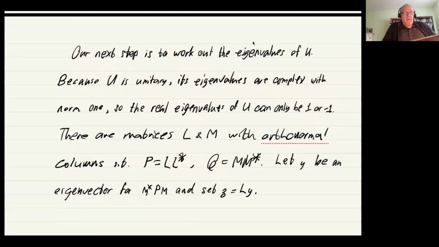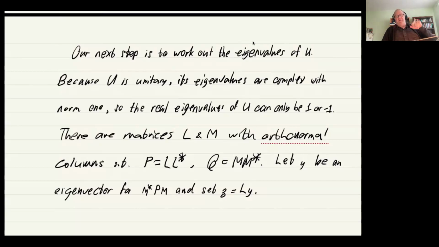Now, U is a unitary matrix, so its eigenvalues lie on the unit circle. And so the real eigenvalues of U can only be 1 or -1 for what that's worth. Now, I should make one other comment. U is a real matrix. And so therefore its eigenvalues come in complex conjugate pairs.